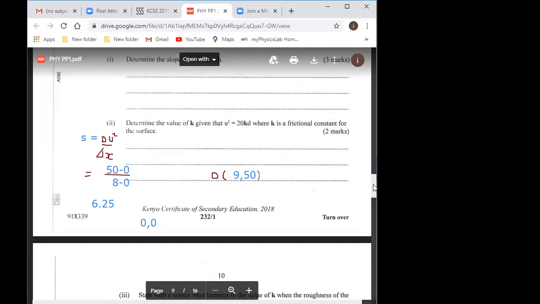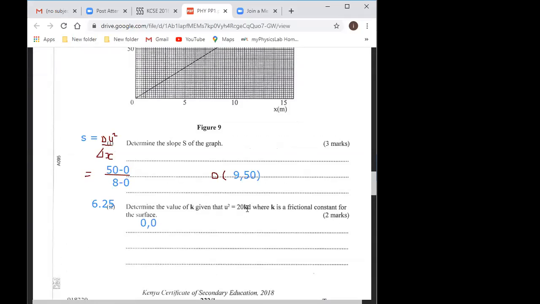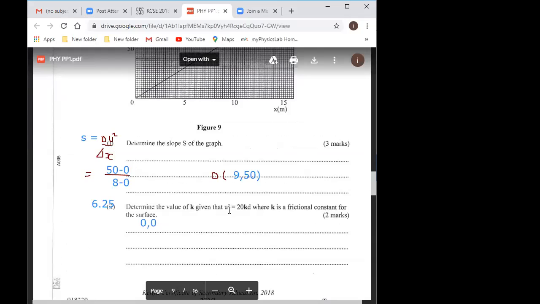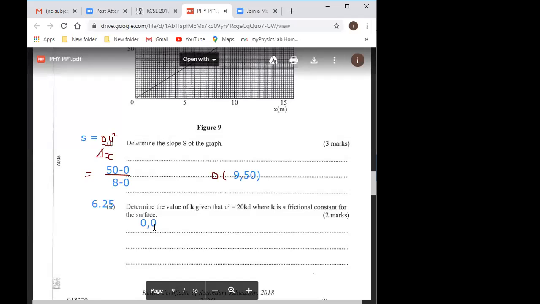determine the value of, there was a mistake in this question I want to correct. This value was supposed to be kx. So it was supposed to be u squared is equals 20kx. So determine the value of k given that u squared is equals to 20kx, where k is a frictional constant for the surface.